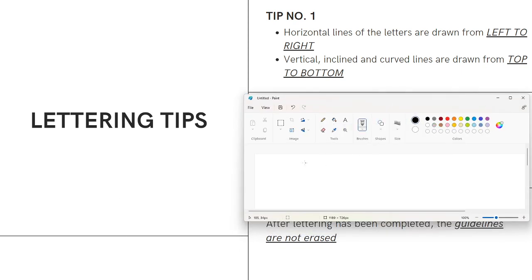So for the letter E, so left to right, left to right, left to right. So ang direction sa characters mo ana kay padung ana, no? Left to right. And next kay vertical incline and curved lines are drawn from top to bottom. So top to bottom po na ana. Okay, I think sabot ra man jud to.